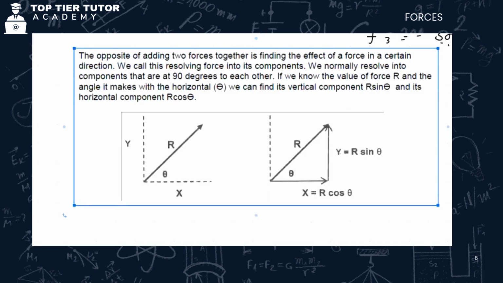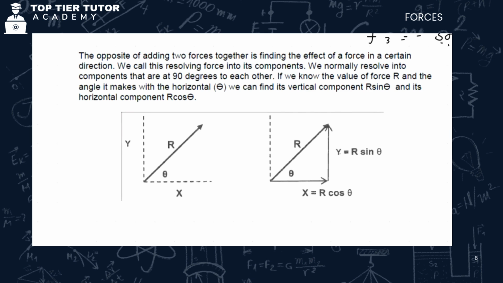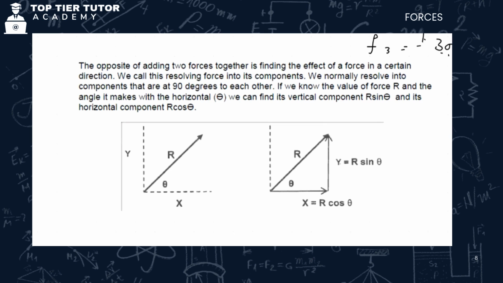So far, the forces that we've spoken about have been straight line going to the left, going to the right, going up, or going down. Sometimes that is not the case. Sometimes our forces are going at an angle. And we're going to use Pythagoras' theorem to calculate our component in the x direction, for now we call it the x direction, and our component in the y direction by just using normal trigonometry.